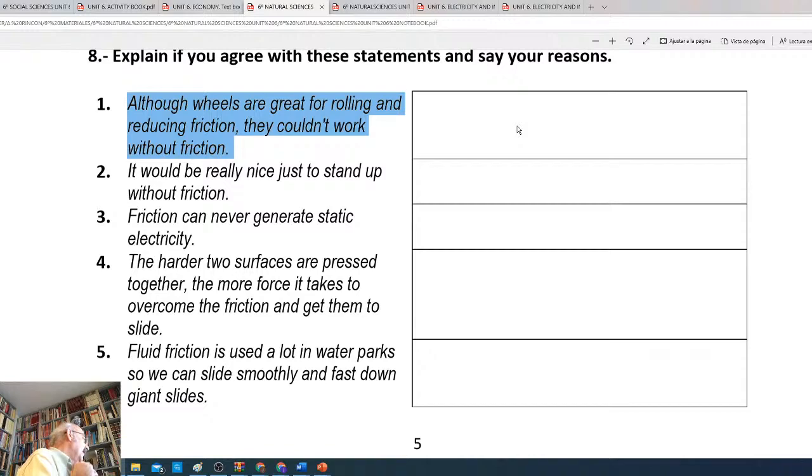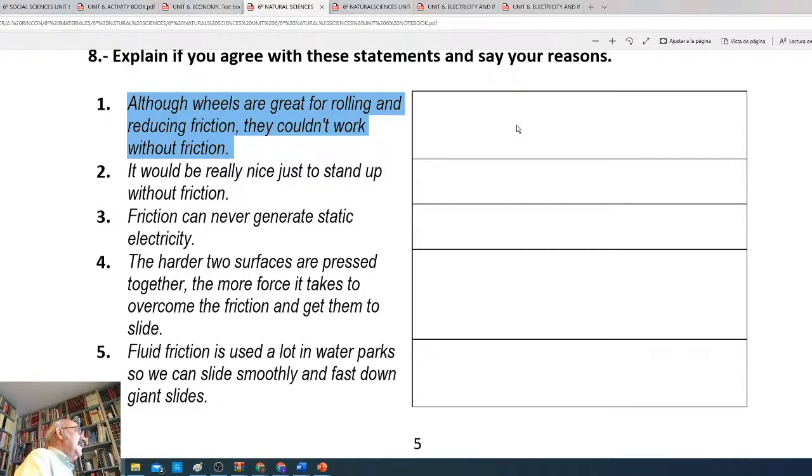Number 1, do you agree or not? You need wheels to move faster, but do wheels need friction to work? What do you think?